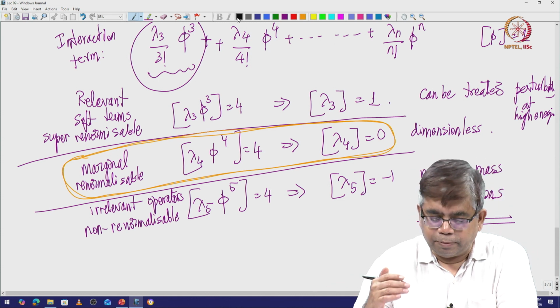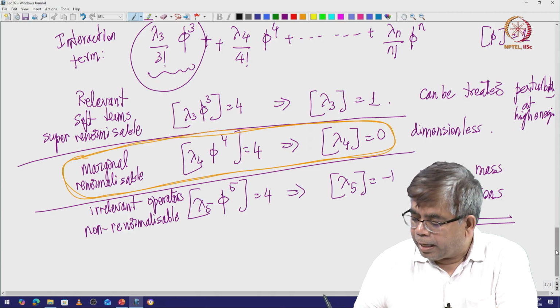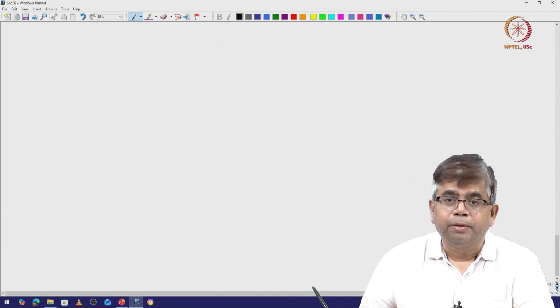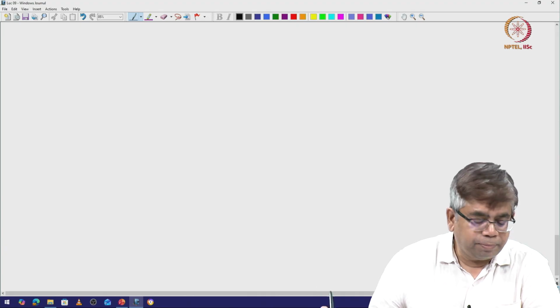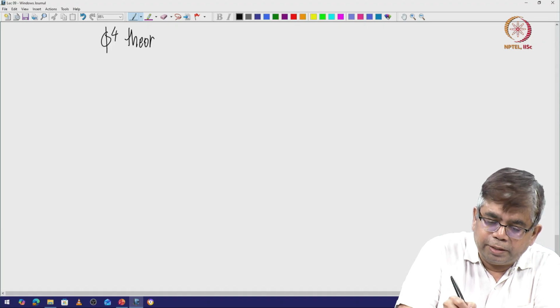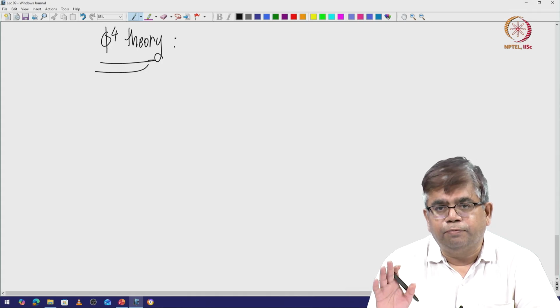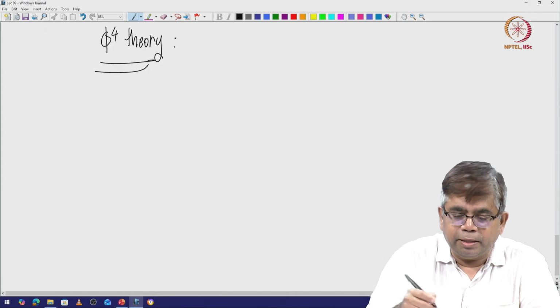We will focus on marginal phi-4 theory. Essentially the phi-4 theory has very important, interesting physics associated with it. So this theory with 4-dimensional interactions is called phi-4 theory. This is just 4-dimensional interactions with a dimensionless coupling constant for a real scalar field.